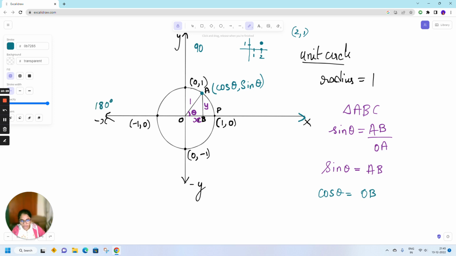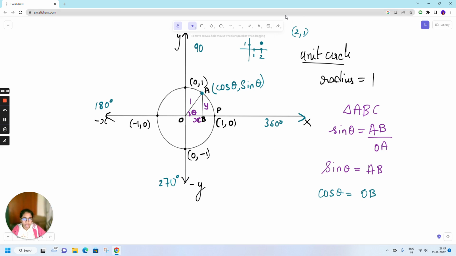Further, this would be 270 degree, and again we get back to 360 degree. So 0 plus 90 is 90, 90 plus 90 is 180, 180 plus 90 is 270, and 270 plus 90 is again 360.